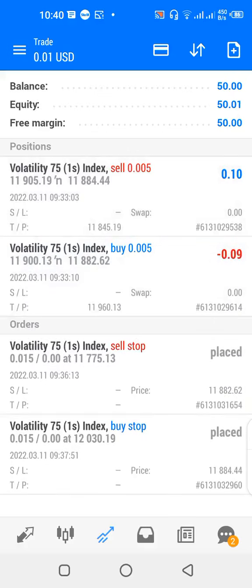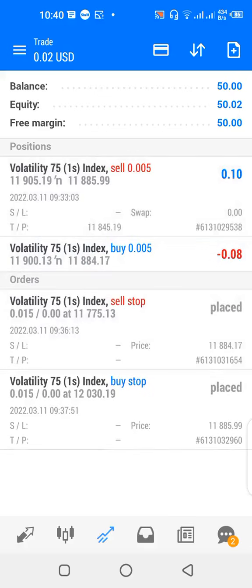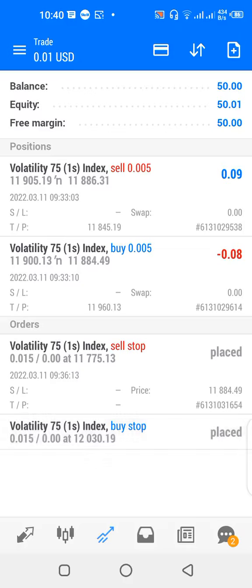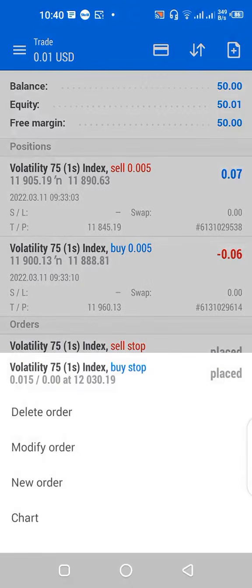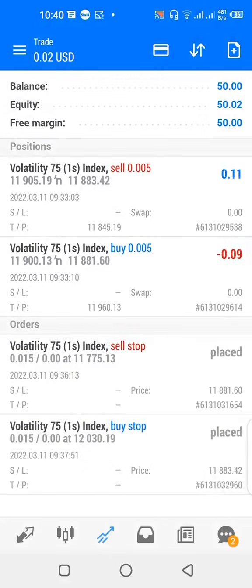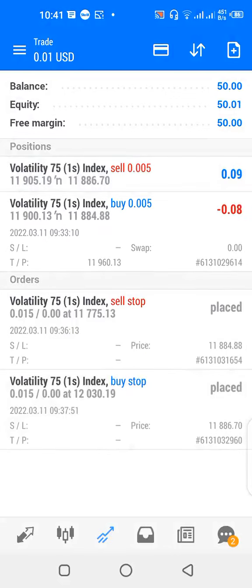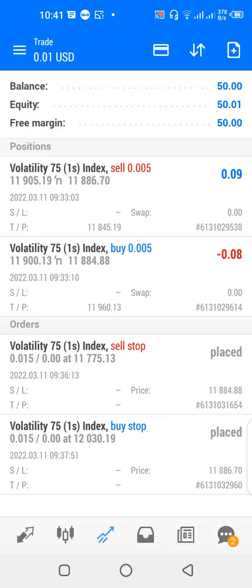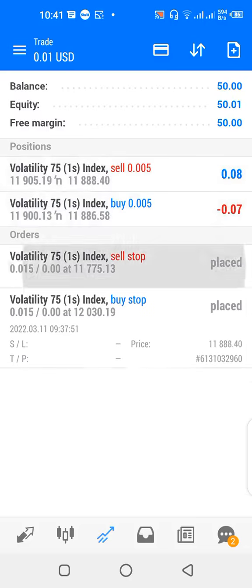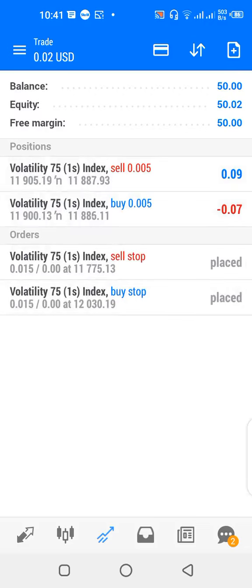Of course, my sell stop will react to this buy trade. Then I have to delete this buy stop, because this buy stop is expected to react to this sell trade, but the sell trade has closed out in profit. So that's the way it works for the ultra evasive Grail Hedge strategy.